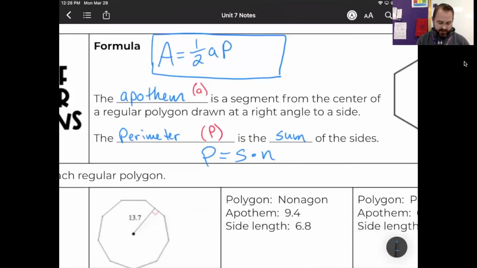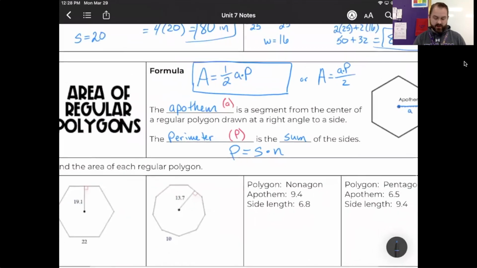Or another way to write that is area equals apothem times perimeter divided by 2. We take that apothem length and that perimeter, multiply them, divide by 2, and that gives you the area of a regular polygon.